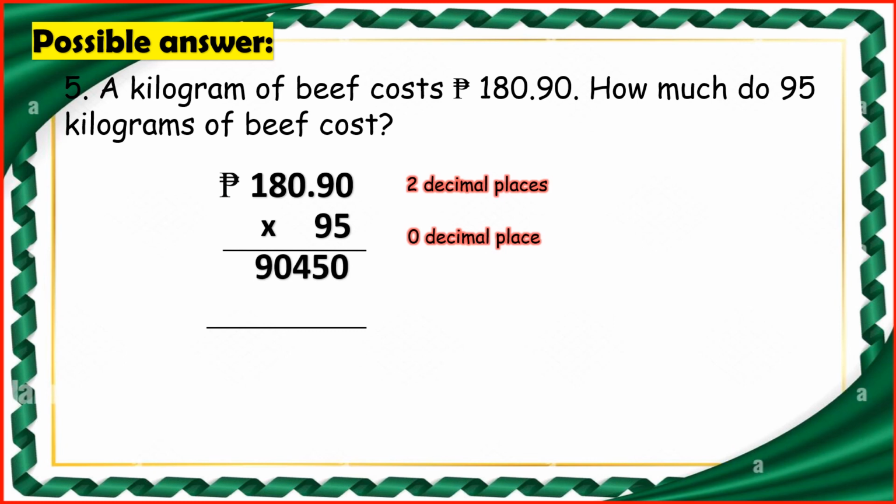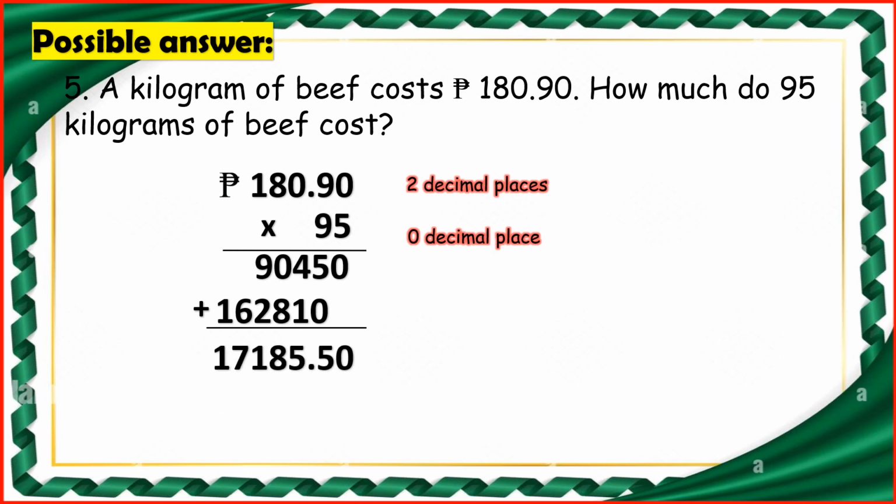So 18,090 multiplied by 5, the answer is 90,450. And then we multiply 18,090 by 9. The answer is 162,810. So we will add 90,450 and 162,810.